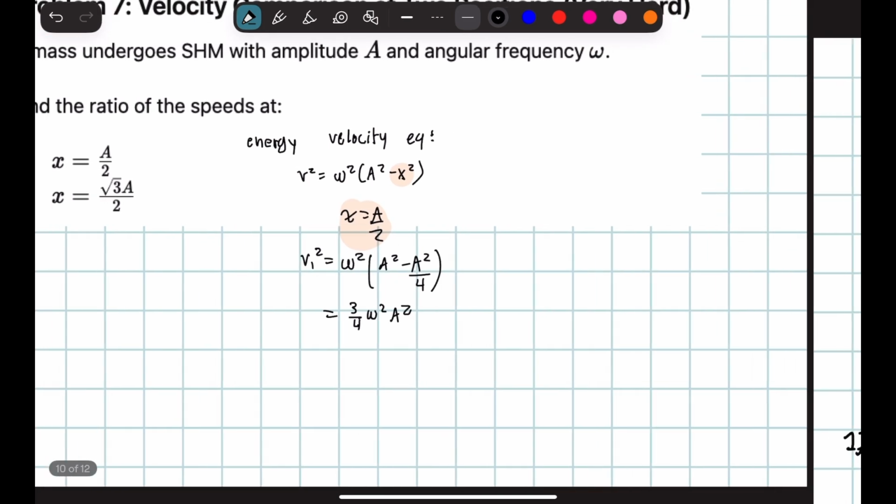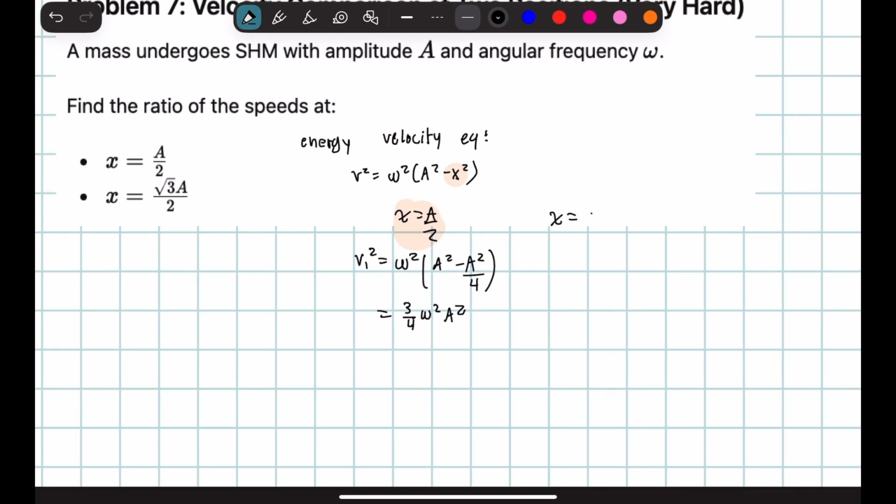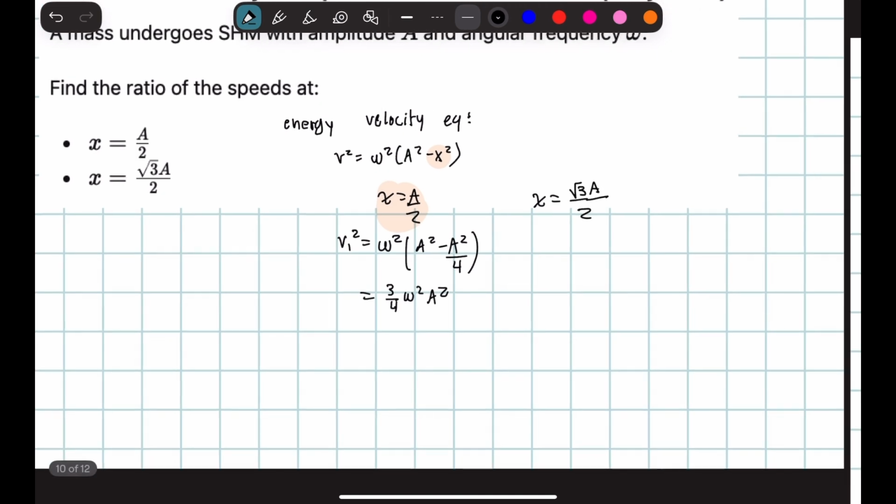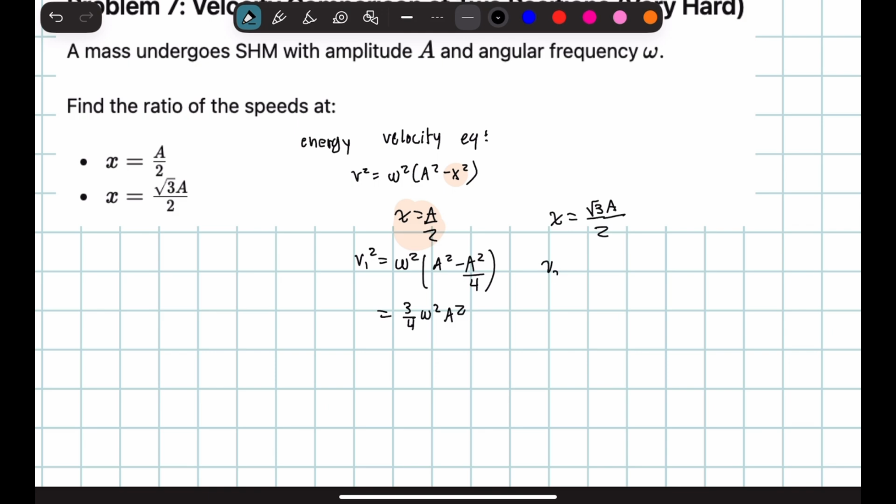And then now we also want to compute the speed at x is equal to the root 3 over 2 times A. So that's going to be v2 squared is equal to omega squared times A squared minus 3 times A squared divided by 4. That is going to give you, distributing that, 1 over 4 omega squared times A squared.